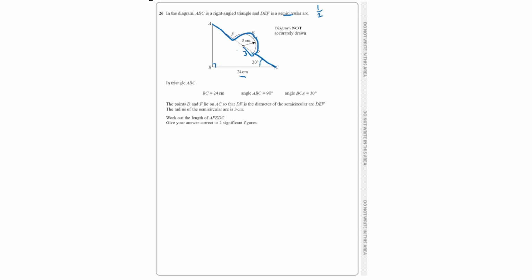Okay, so how do we figure this out? Well, firstly, I can see that we have a right angle triangle here. And if we have a right angle, we can actually use SOHCAHTOA to find the length of the total hypotenuse. Then we can subtract the diameter and then add the total circumference of the semicircle. So let's do that. Now we can see here that we are given 30 degrees as our angle. We are not given the opposite, so anything with opposite goes away. And we're left with CAH.